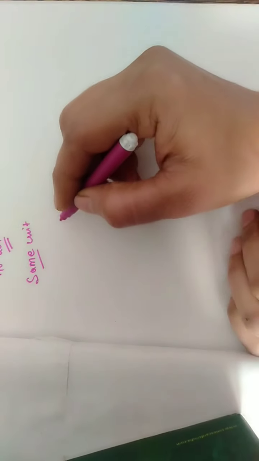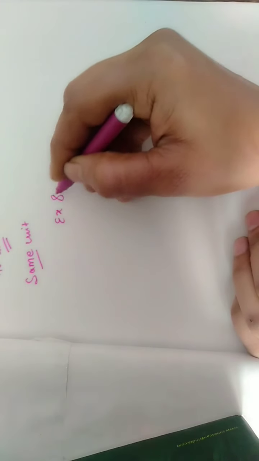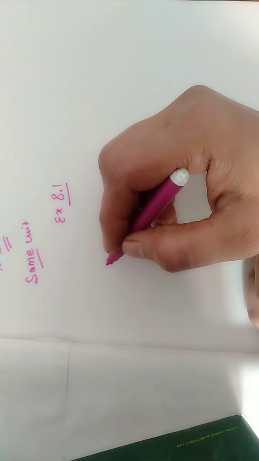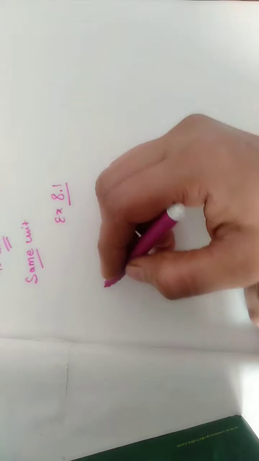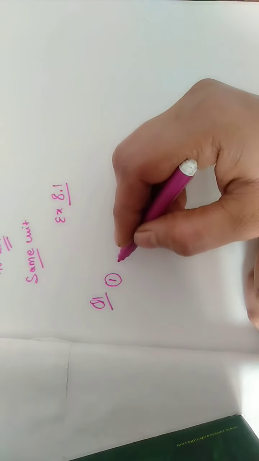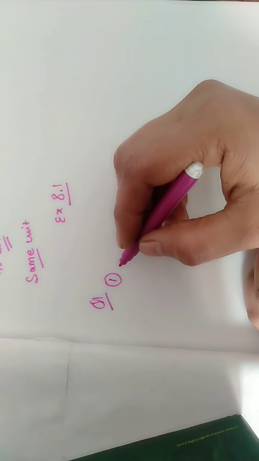Let us start some of the questions with exercise 8.1, where you have to find out the ratio of the speed of cycle and the speed of scooter.